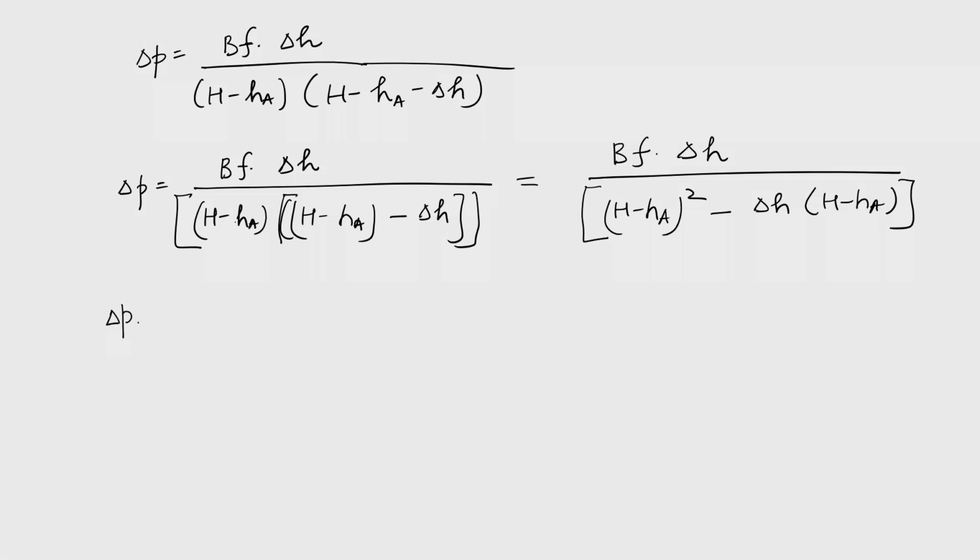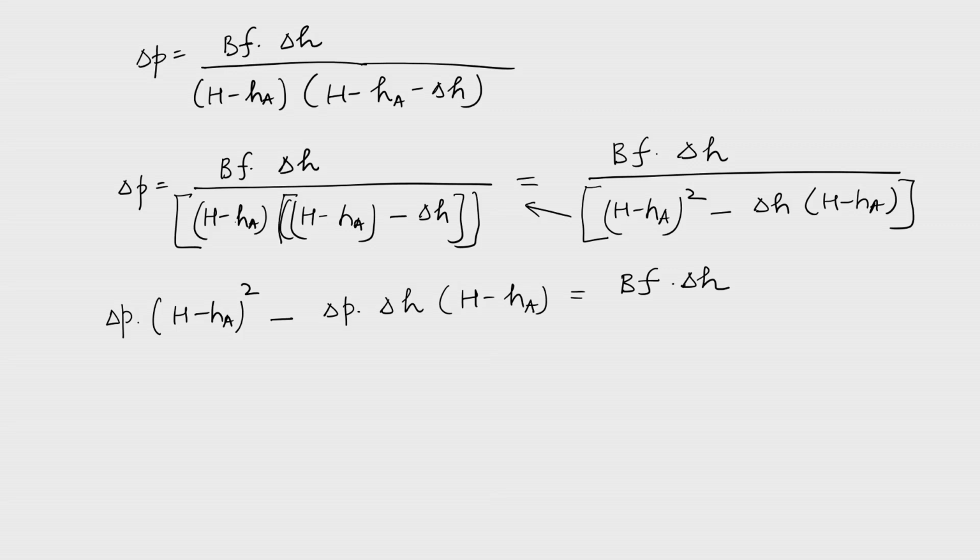So, I can write delta P into H minus HA whole square, that means I am multiplying it up here, minus delta P into delta H into H minus HA equal to B into F into delta H, right. So, you have this term now.